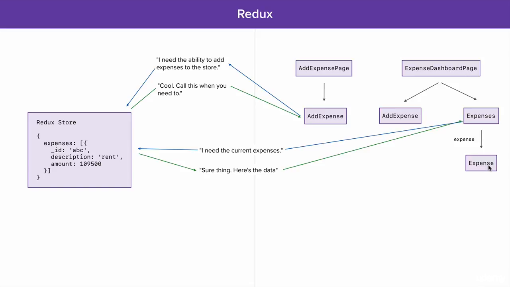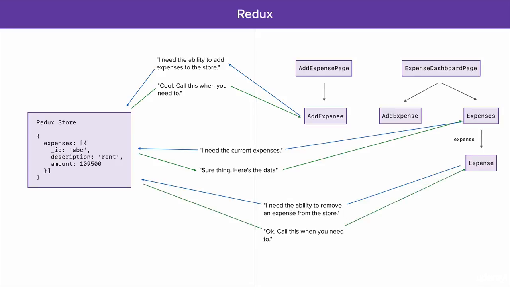Now, the individual item gets passed down, but the individual component might still want to do something with the store. Maybe we have a remove button like we did previously, and the expense component wants to be able to remove itself. So we might have something like, hey, I need the ability to remove an expense from the store, and the Redux store would say, sure, call this function with the ID whenever you're ready to remove an expense, and I'll take care of that for you.